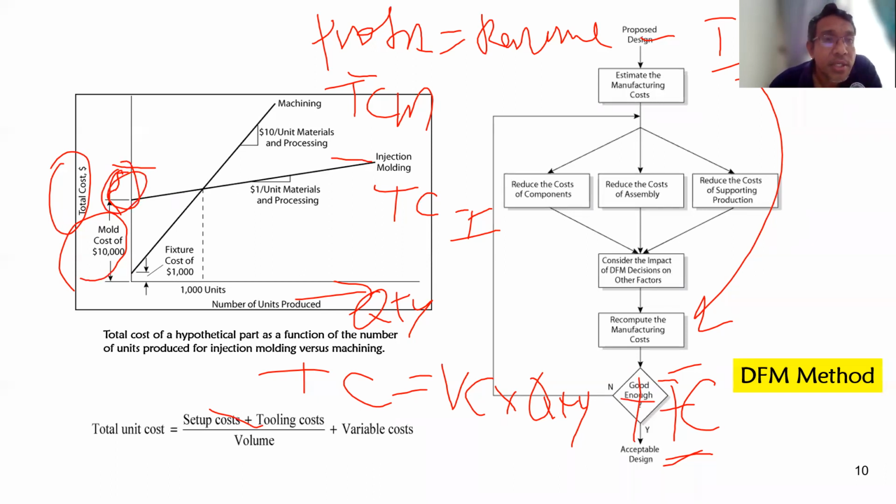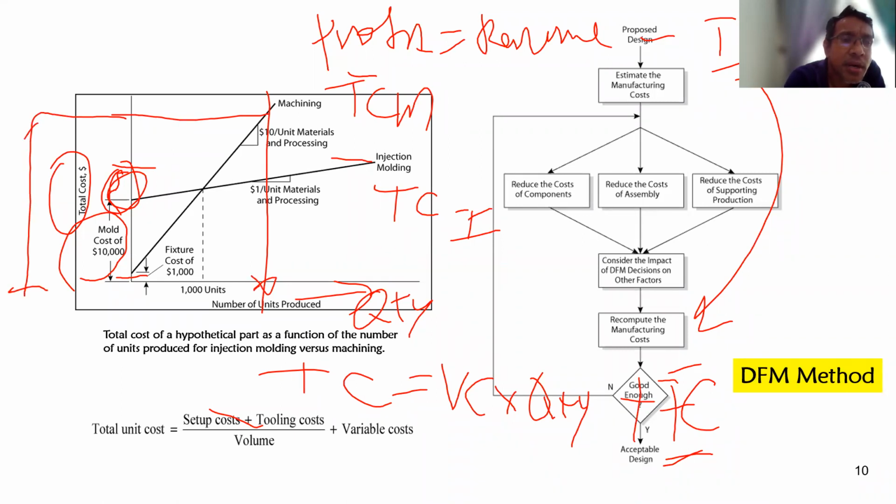But for machining, even though the start cost is less, 1,000, the cost increases rapidly with the production quantities. You can see here the cost increases rapidly and is highest during this production using machining, based on the quantities.